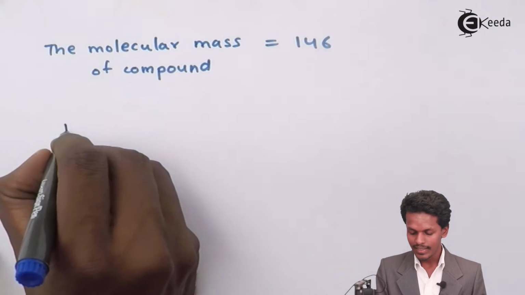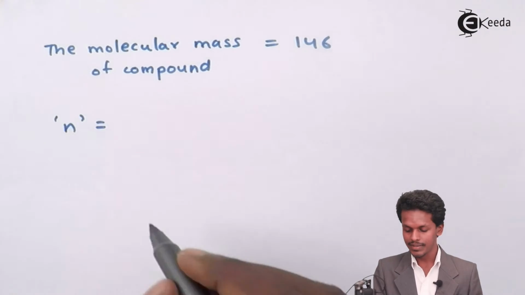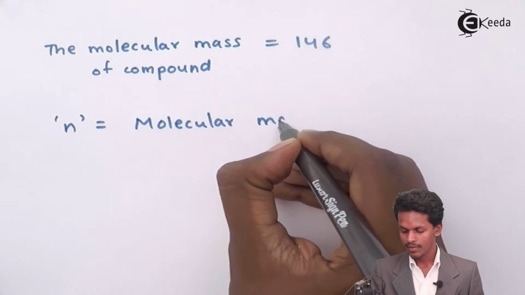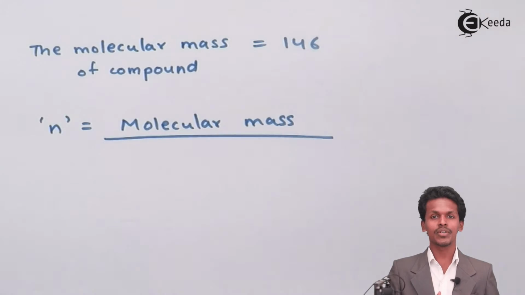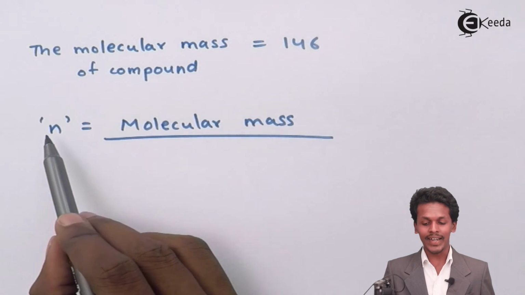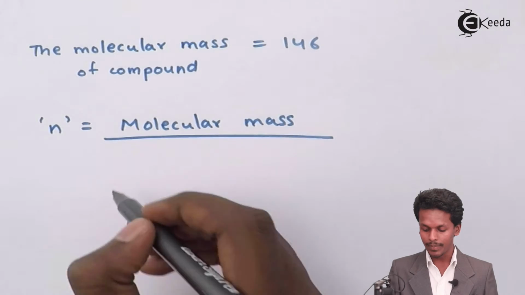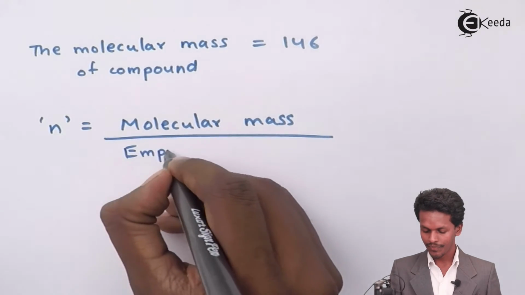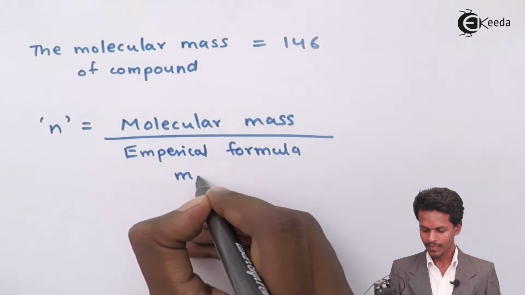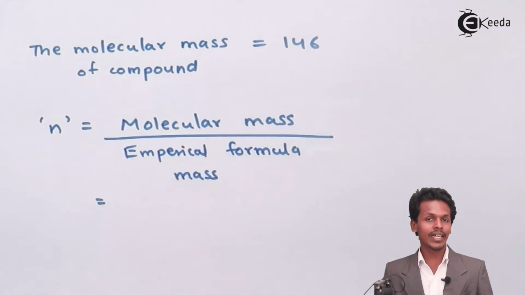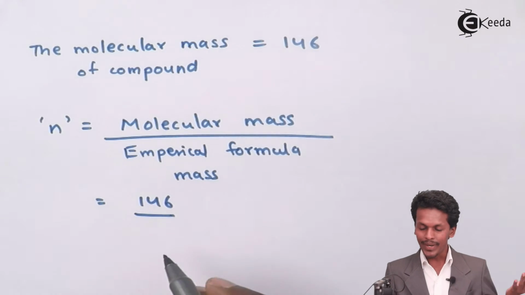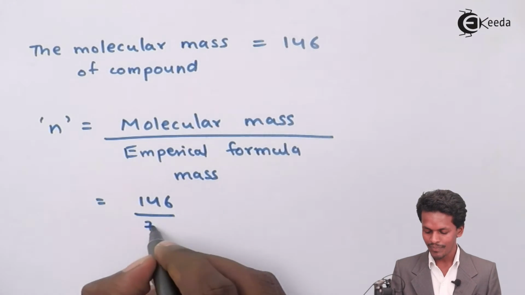Now the factor N has the formula: molecular mass divided by empirical formula mass. The molecular mass is given as 146, while the empirical formula mass was found to be 73.